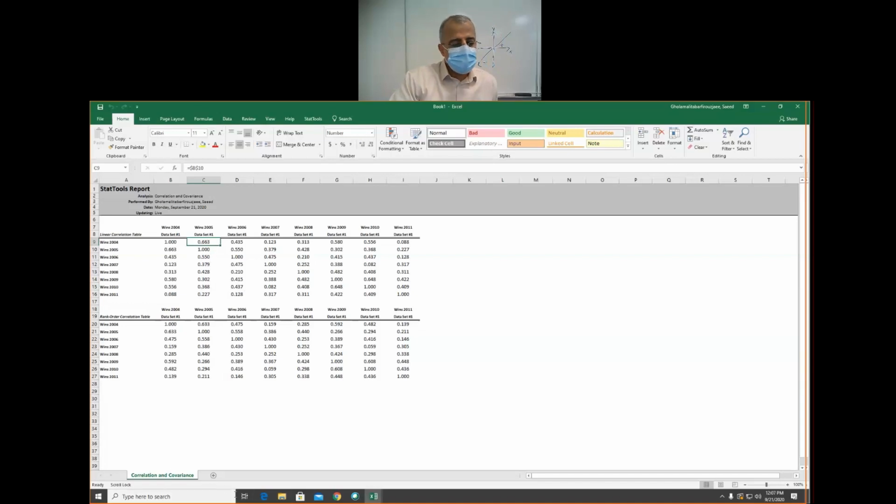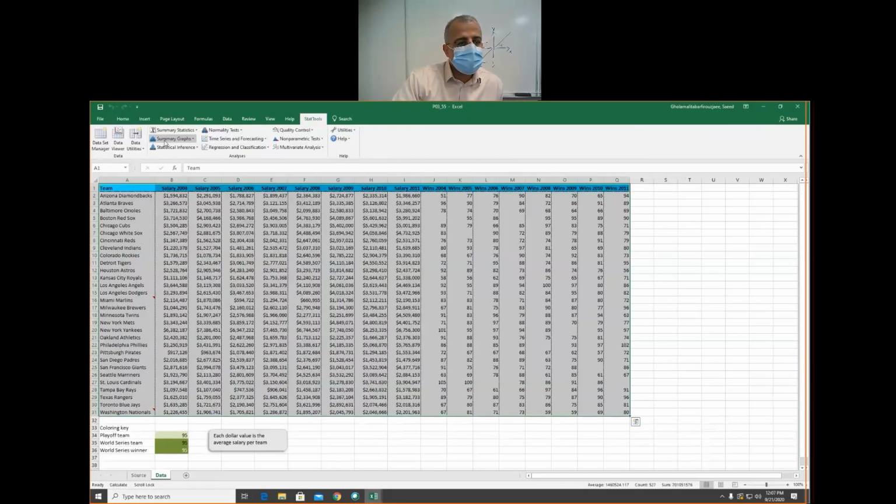Okay. And the other way is to see this correlation in a scatter plot. You can go to the summary graph. You can visually see the relationship between these variables.